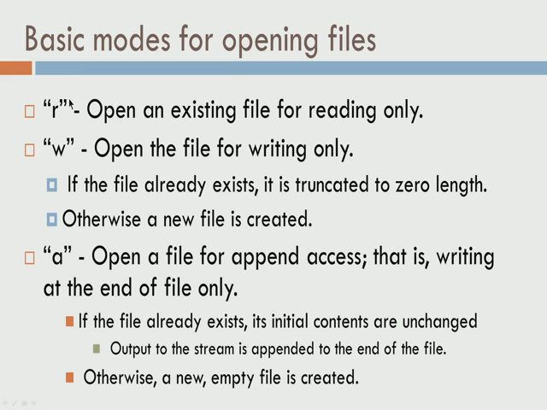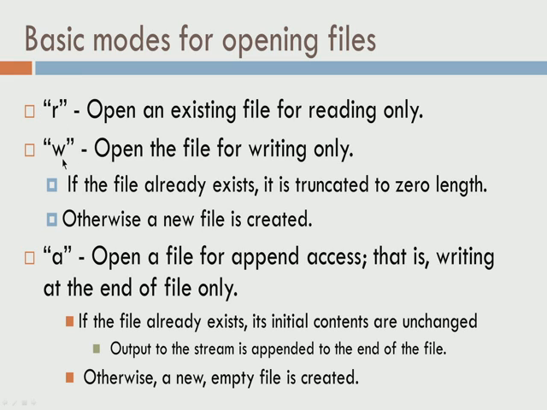R means it will try and open an existing file. So clearly, what if I try to open a file that does not even exist? We need to be able to capture this, right? Let's say I'm going to open a file, but there is no file by that name. If that happens, we need a mechanism which says there is no file by that name. That's an issue that we have to deal with for R.